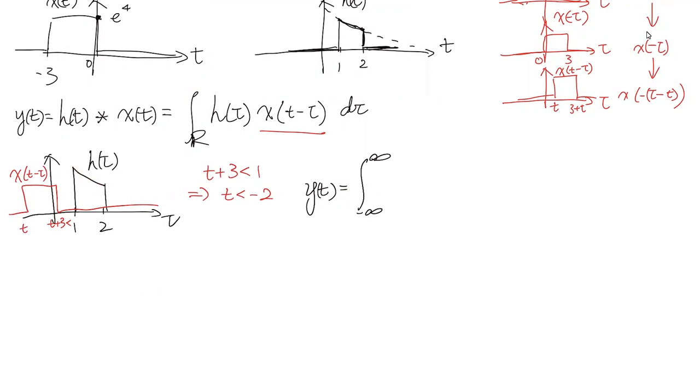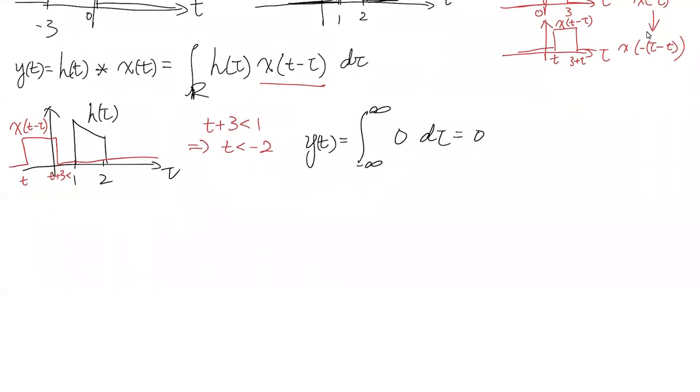So h of tau is here. H of tau is not 0, but you multiply with a 0 here, so you get 0. And for this segment, x of t minus tau is not 0, but h of tau is 0. Everything is 0. So it's actually 0.